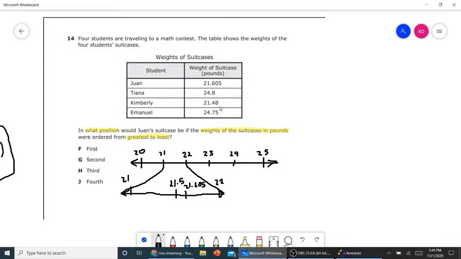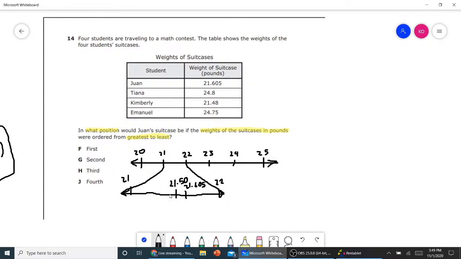The answer is that it is less than 21.5 because we can also write this as 21.50, and 21.50 is greater than 21.48 because 0.50 is greater than 0.48.